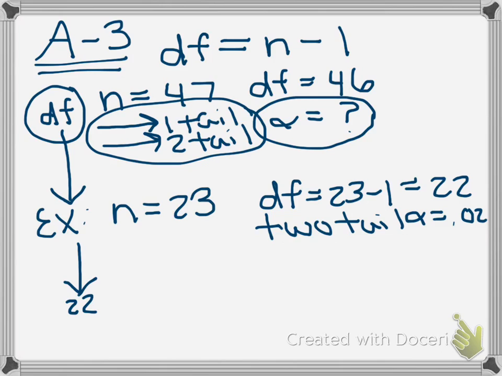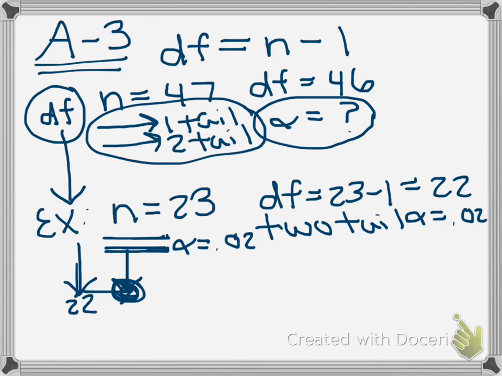Look in the second row, alpha of 0.02. In that second row, follow it down vertically until you meet up with the 22, and you'll see a value there.